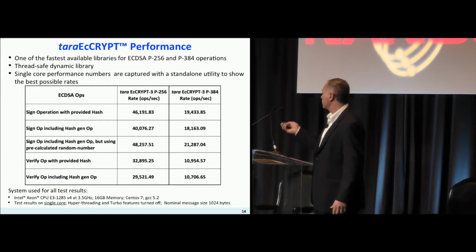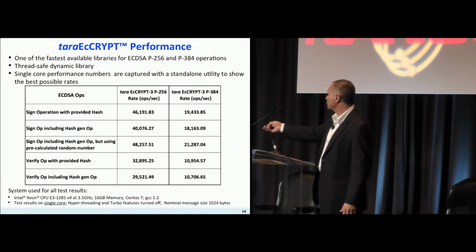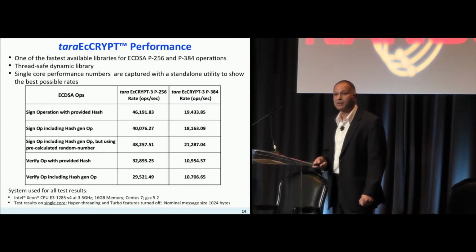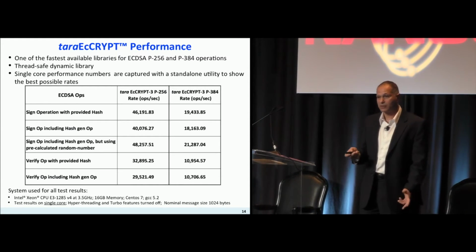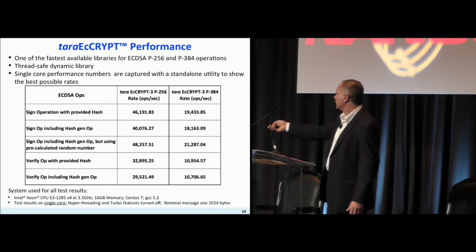But we also wanted to show an upgrade path if an upgrade was necessary. Some of the numbers to remember here: doing the sign operations, whether a hash is provided or not, typically over 40,000 signature operations a second on a single core. And this is with a commodity CPU. And then the verify operations are around 30,000.